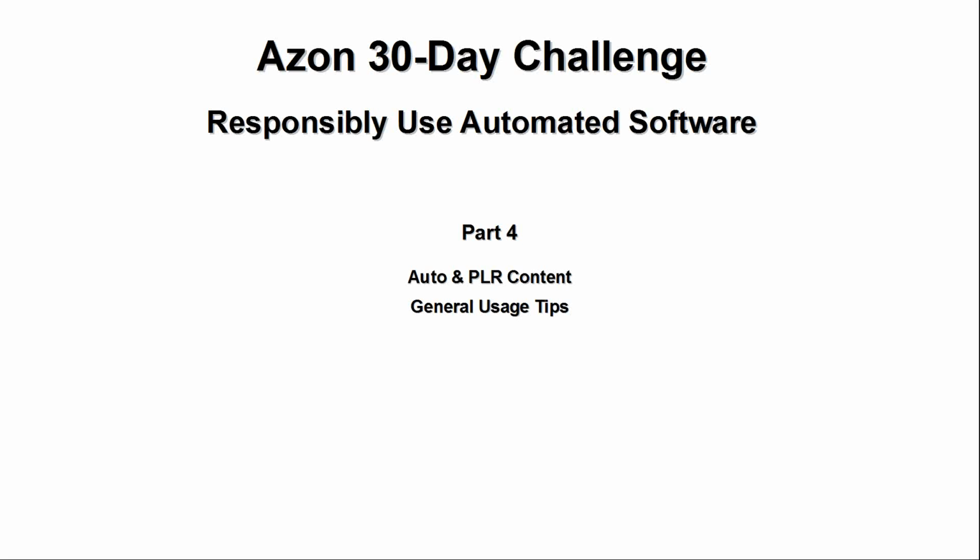Whether you're creating a site using automated software that spits out a bunch of Amazon review posts for you, or using a combination of PLR content where you might have a packet of articles relating to a certain subject that you get. You might even have things like videos or ebooks or something of that nature that goes along with that PLR content.